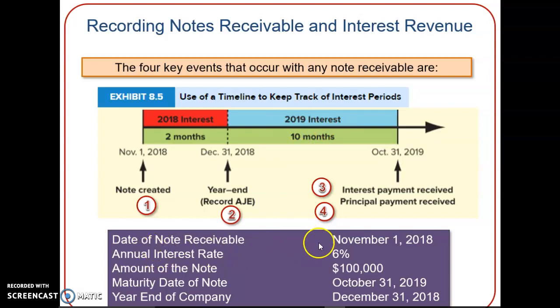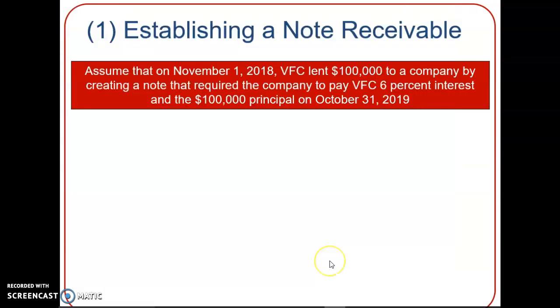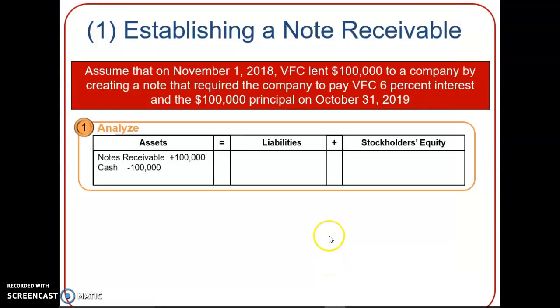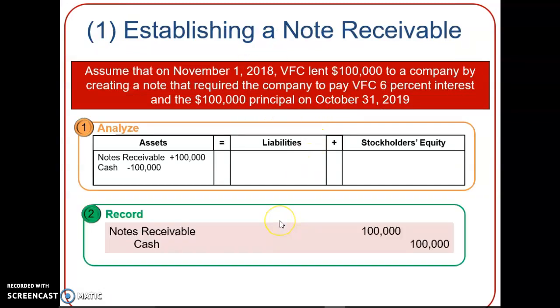So we have a note receivable starting from November 1st, 2018, annual interest rate 6%, and the amount of the note, or the principal, is 10,000. The maturity date of the note is October 31st, 2019, that's 1 whole year, and the company's end of the fiscal year is December 2018. When we create the note receivable, we debit note receivable, which is an asset, an increase on the debit side.